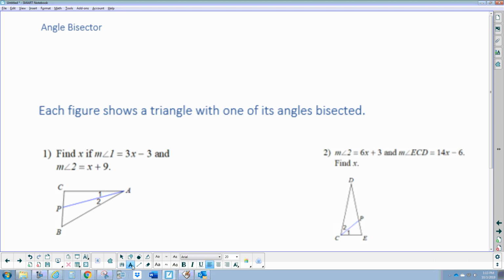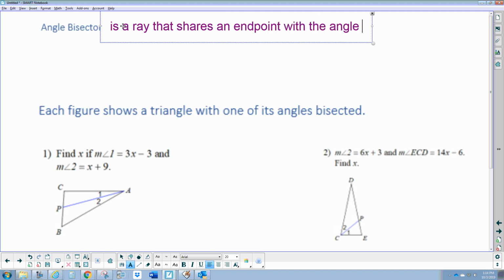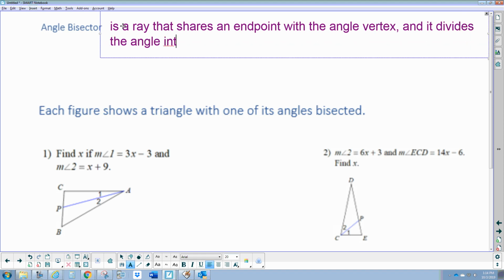Okay, our next section talks about the angle bisector. We've had this already. An angle bisector is a ray that shares an endpoint with the angle vertex, and it divides the angle into two congruent angles.